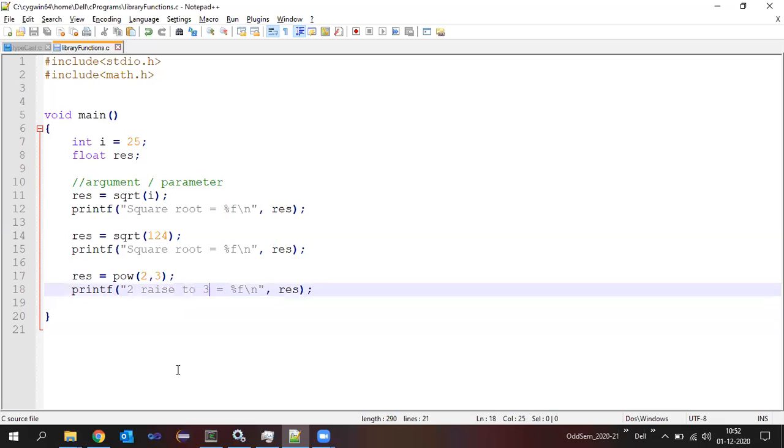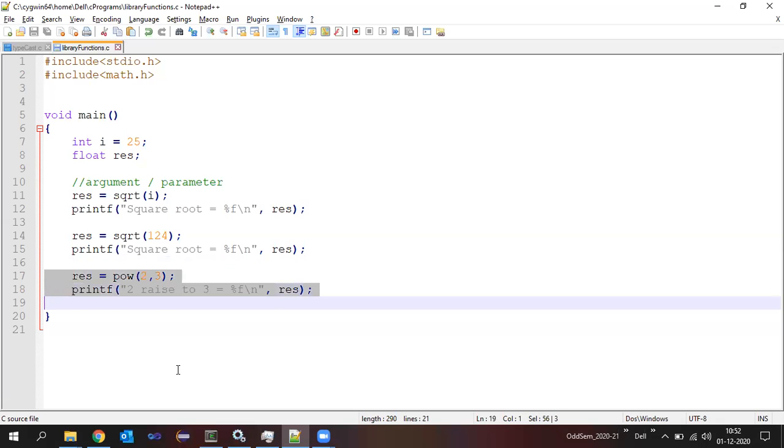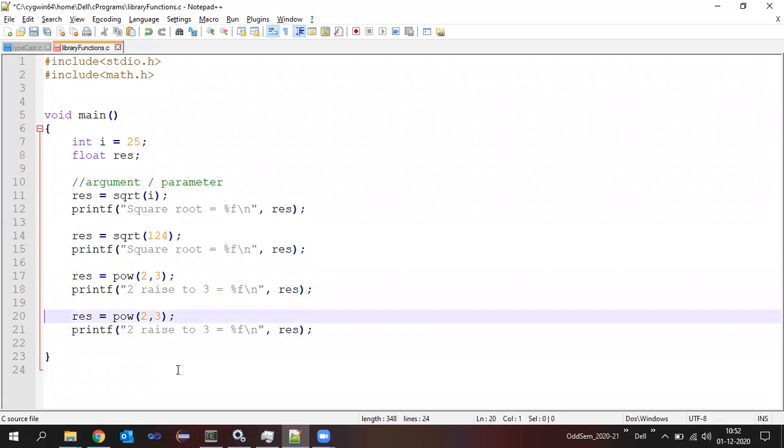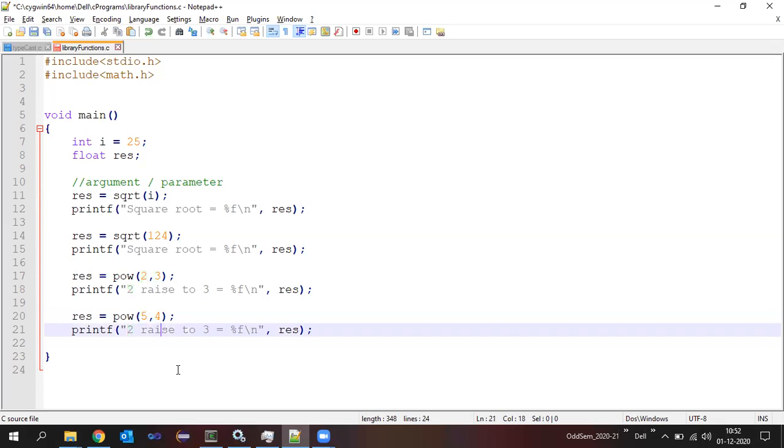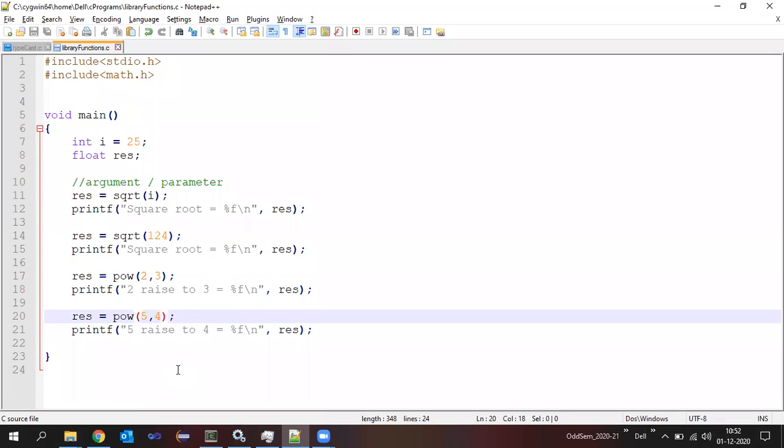Suppose we copy these 2 lines, say 5 raised to 4. What I'm going to calculate here, I'm passing two parameters or two arguments.